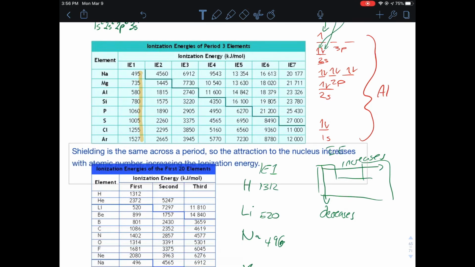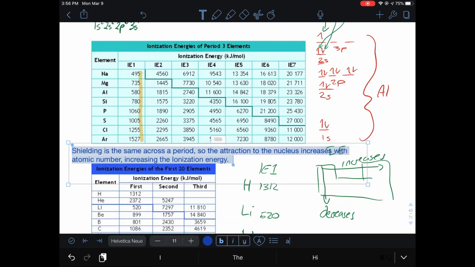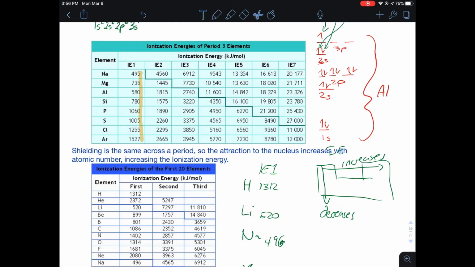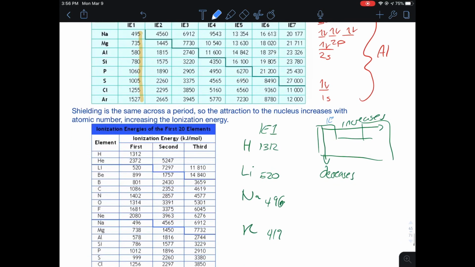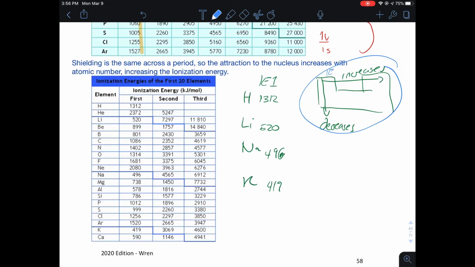So the ionization energy can be thought of as the energy required to overcome the attraction to the nucleus. So the ionization energy therefore is going to decrease down the group and is going to increase across the period. And that's what we're showing right over here.